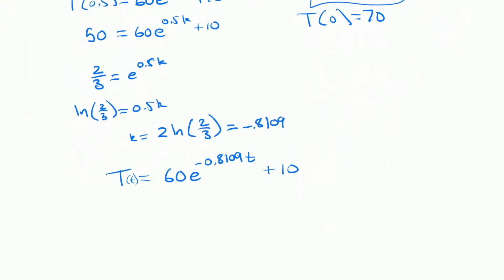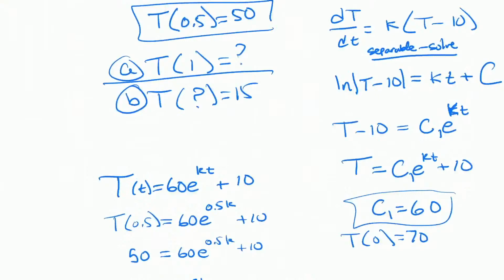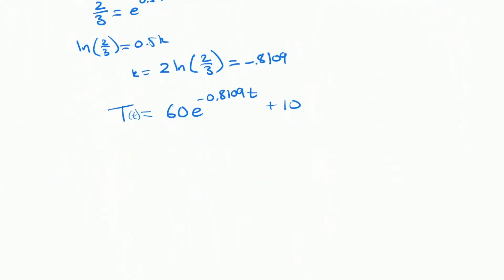All right, let's answer the 2 questions that we have. Number 1, what temperature will it be in 1 minute? Is that what it says? Yeah, 1 minute. Okay, so we'll do T of 1 first. So 60 e to the negative 0.8109 times 1 plus 10, and I'm getting 36.6666.